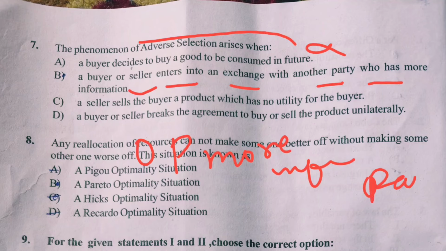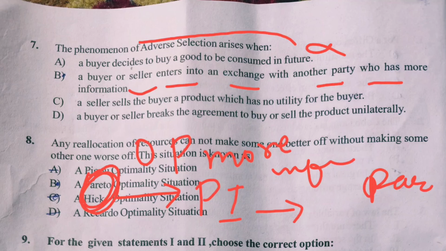Okay, so let us take an example, the case of the insurance market. A person who has some sort of a disease is more likely to purchase the insurance, and the insurer does not know the information that the person is ill.